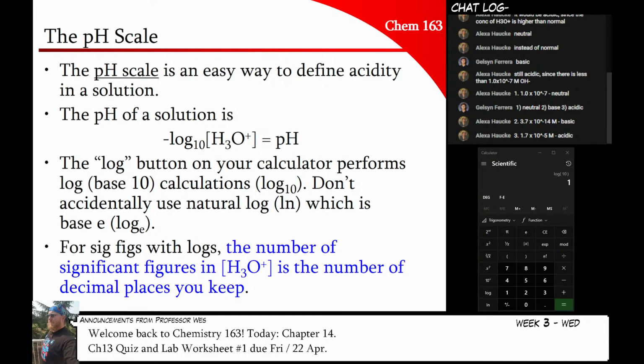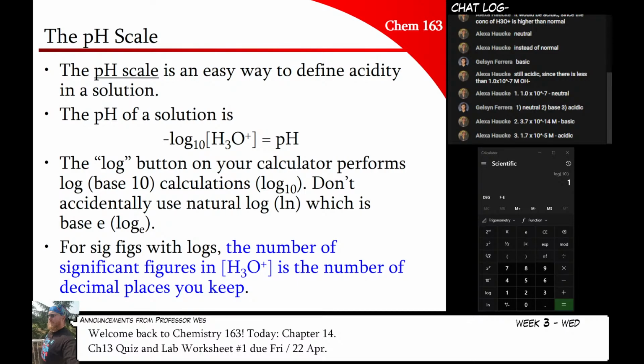Now, how do you do sig figs with logs? A log function is a different function than addition, subtraction, multiplication, or division. Those all have their own rules, right? When I multiply or divide, I have to take the number of sig figs from the figure that has the lowest number of sig figs. When I do addition and subtraction, I do decimal places, right?